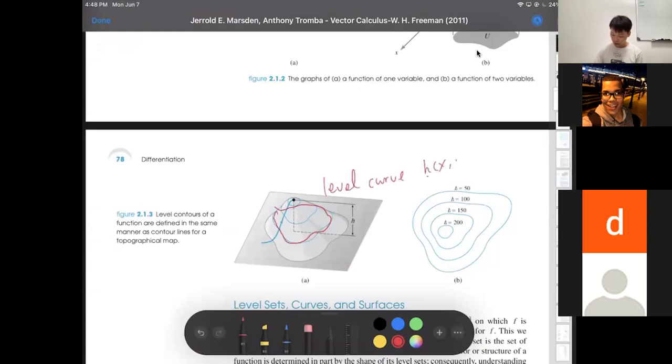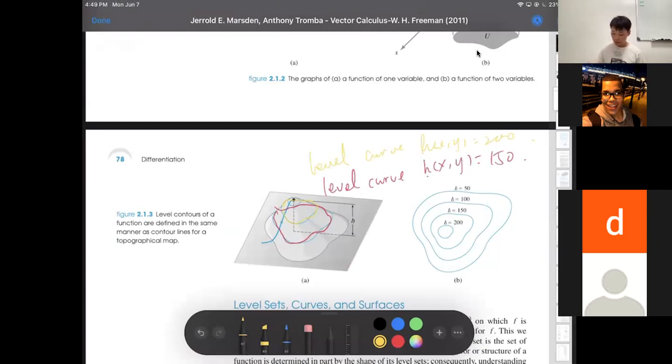Let's say x plus y is equal to 150. And then this one is another level curve. Let's say this is the level curve of h is 200, something like that.